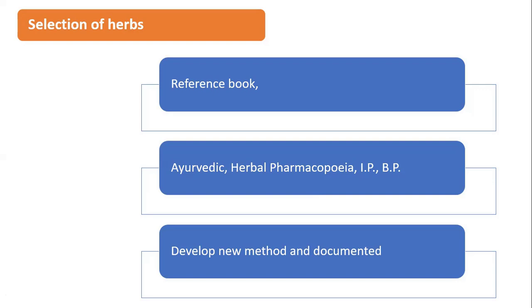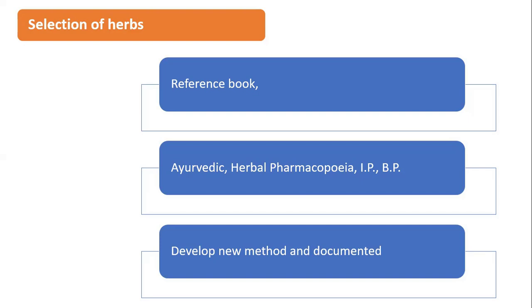On this particular plant you are going to develop an industry, and that industry depends on that plant material as a raw material. So you are going to select that particular plant material.